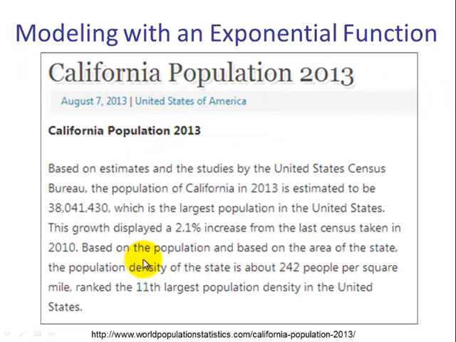Now, according to this website, the population in 2013 for California was about 38 million. So our model overpredicted the population. And again, according to this, the percent of increase is about 2.1%, where our model predicted 3.3%.